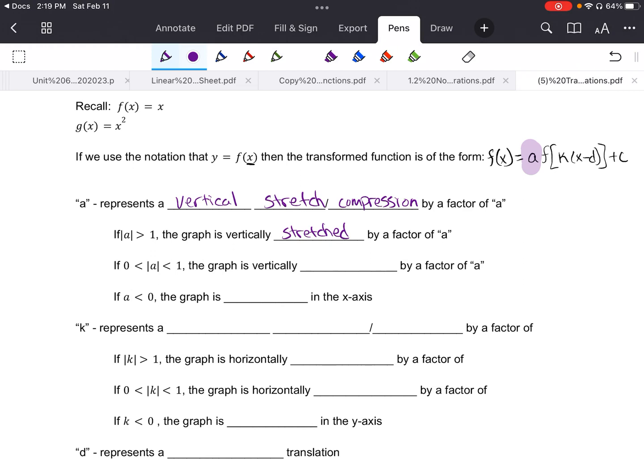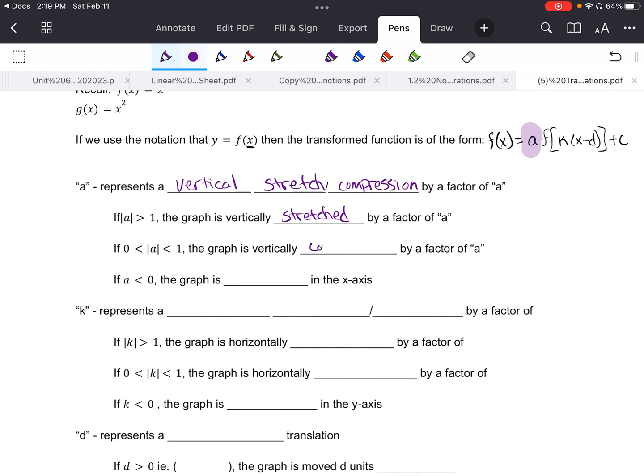If a is in between 0 and 1, then it is vertically compressed by a factor of a. And if a is less than 0, it is reflected on the x-axis. Okay, so it just means everything flips upside down.